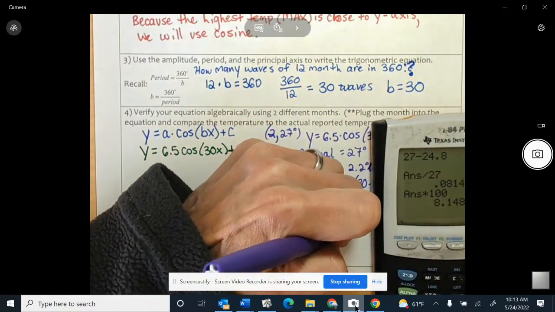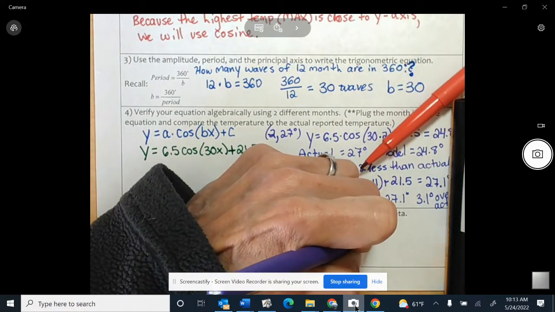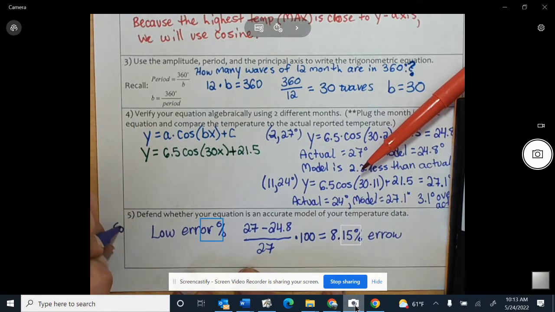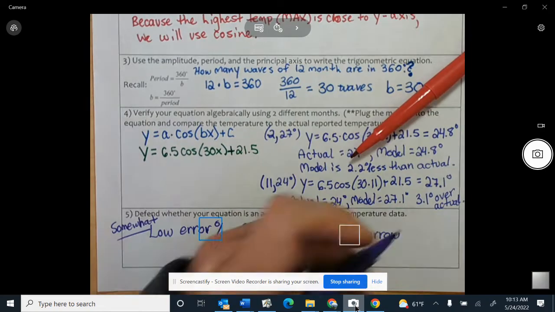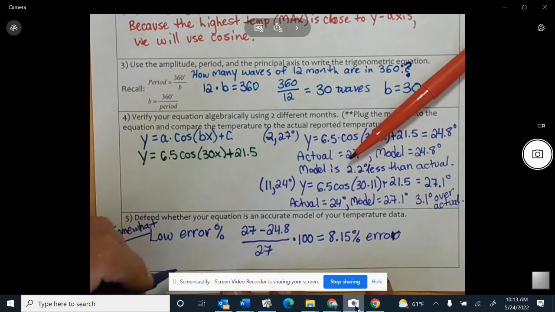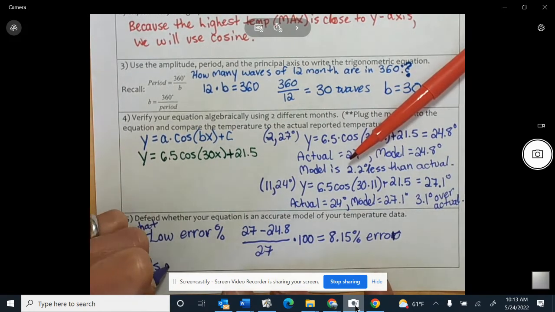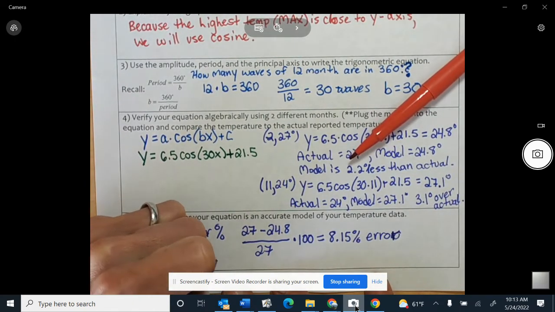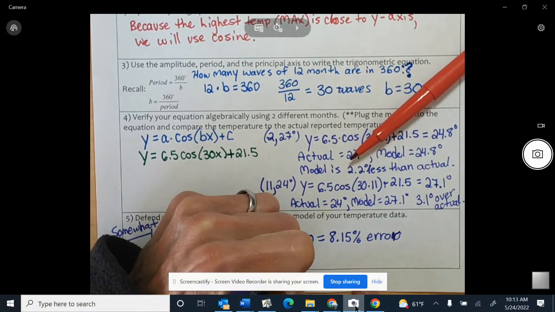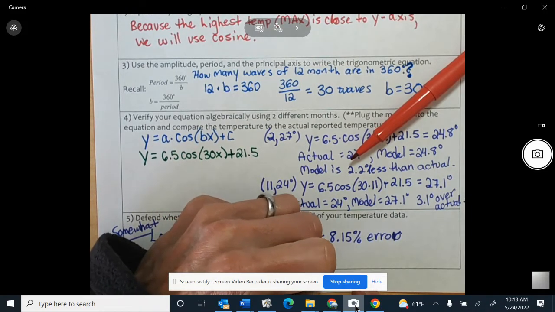That's 8.15% error. Maybe a somewhat low percentage error. And so I would say this model is okay to use for predictions.